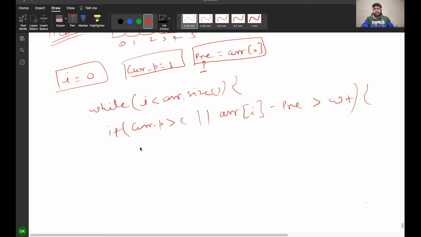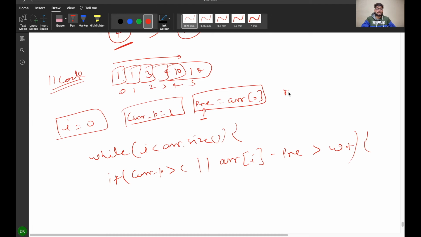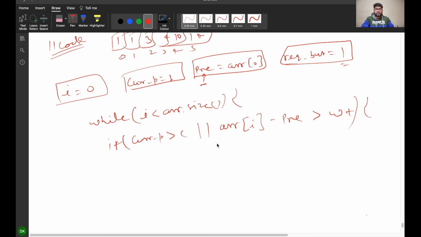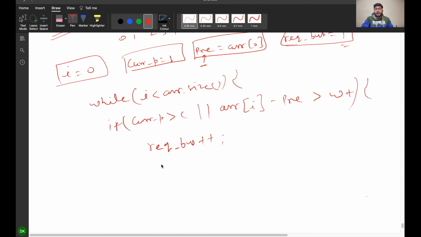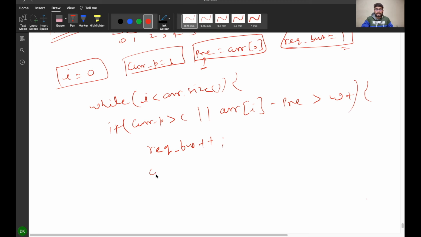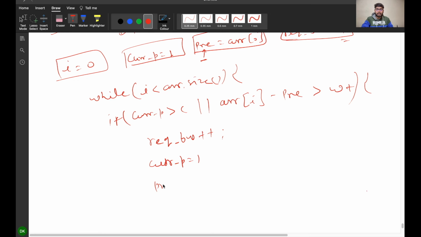Then I have to initialize a required bus, initially as 1, and whenever this happens I update my required bus. Again I initialize my current people as 1 and my pre as ARR I.